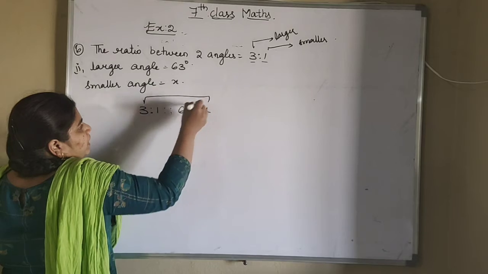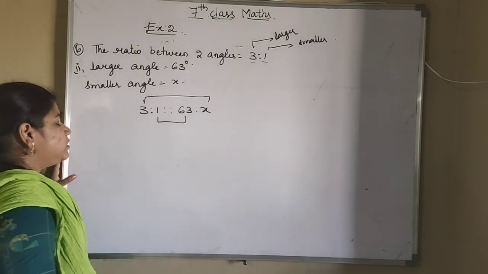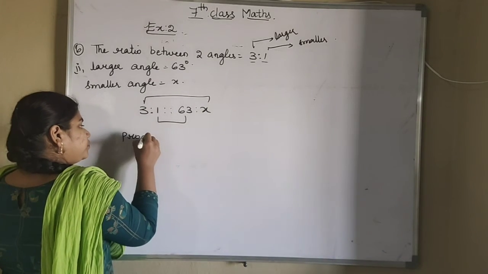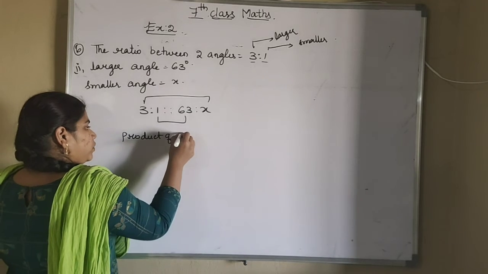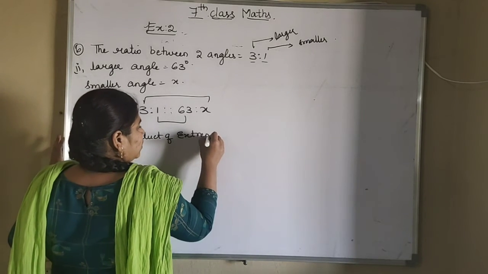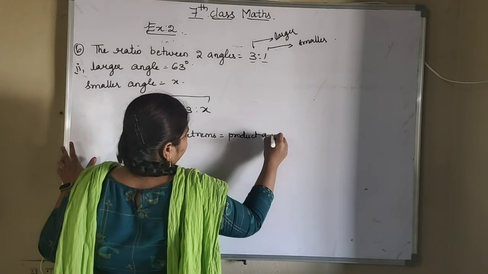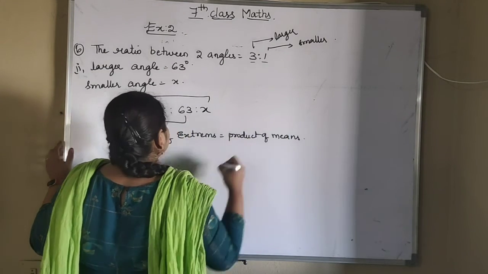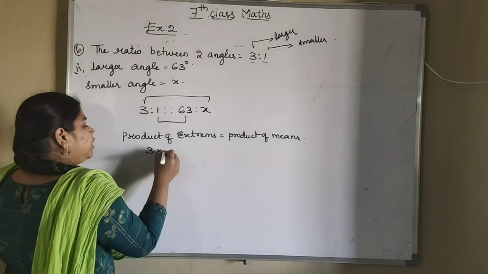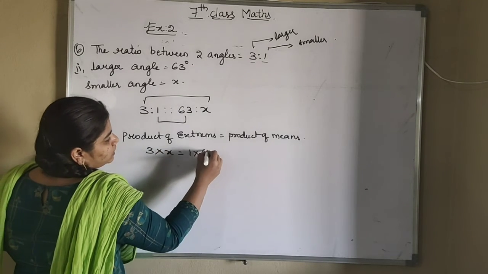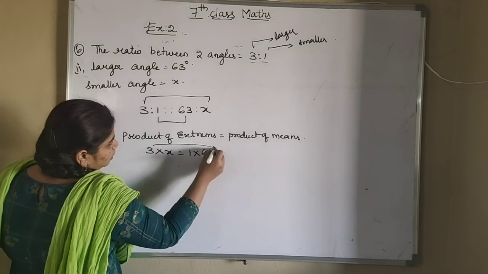Now product of means is equal to product of extremes. Multiply the terms. 3 into x is equal to 1 into 63. So I am sending this 3 to the other side.